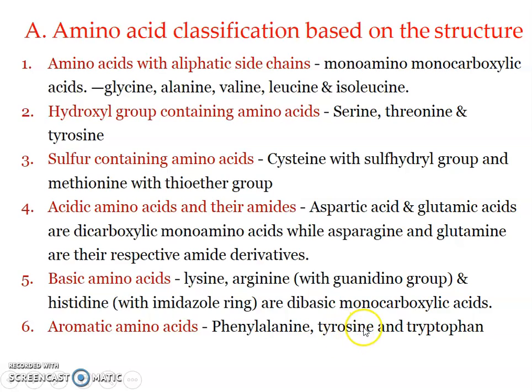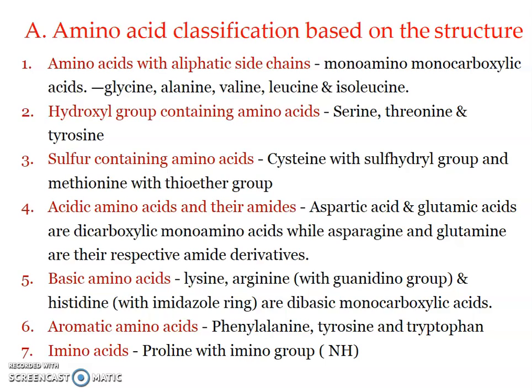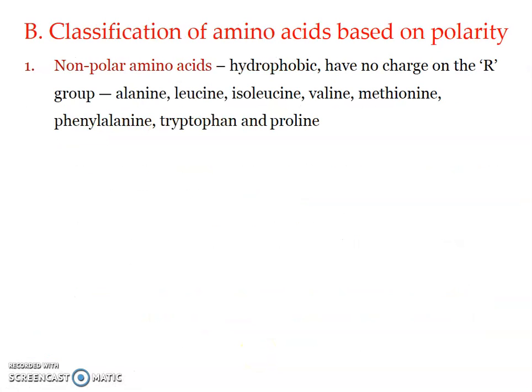Tyrosine is also a hydroxyl containing compound, but its major part is actually aromatic. The last one is the amino acid proline, where instead of NH3 plus, it contains an imino group. So this is one set of classification we have.